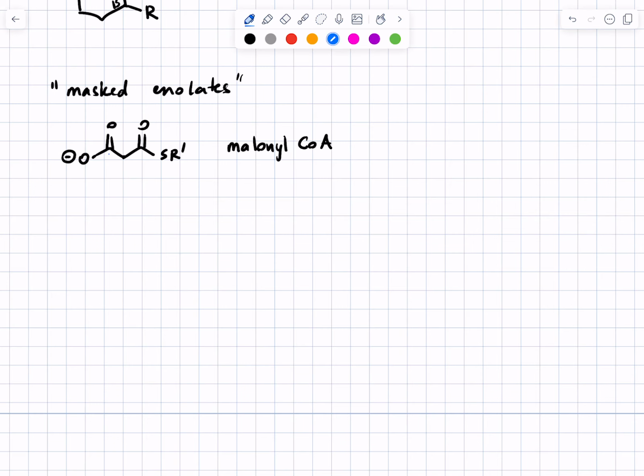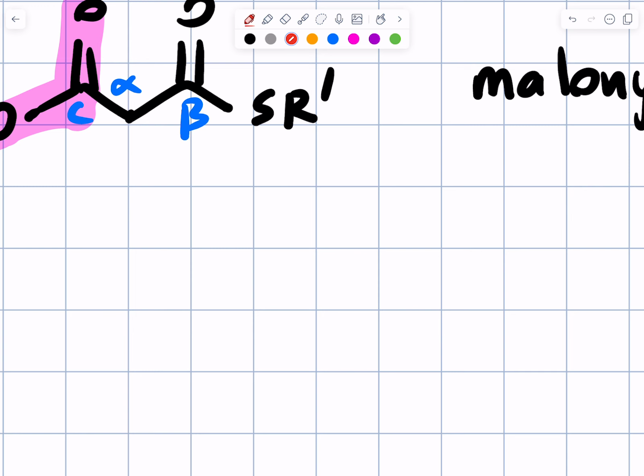Here's the carbonyl carbon, here's the alpha carbon, here's the beta carbon. And as such, you ought to be able to look at this and say, okay, I think this portion is going to come off as CO2, and this is the bond between the alpha carbon and the carbonyl carbon.